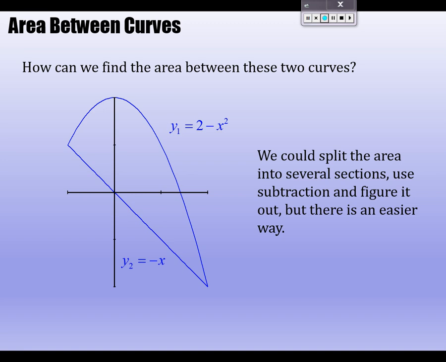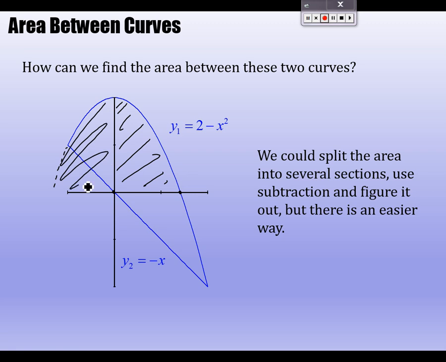So one way to do this would be to split this into lots of different areas, like the comment on the slide suggests. Do you understand what we mean by that? And use addition or subtraction to piece this together. I'd say, okay, I know how to find the area under this curve, and I know how to find the area under here.